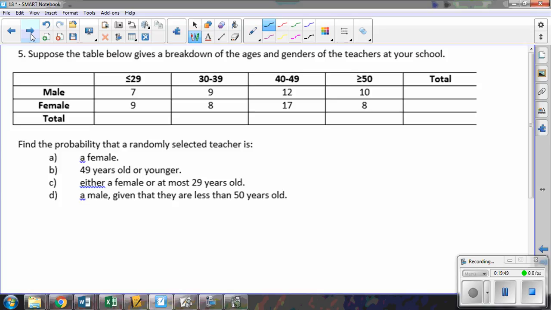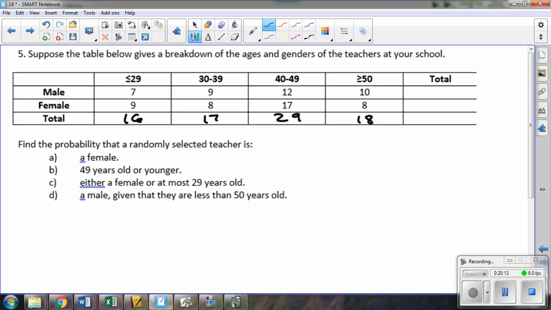All right, question 5. This table gives a breakdown of ages and genders. The first thing you will always do is fill in the table. So just go through and add them all up. Adding up each of the columns, we get 16, 17, 29, 18.